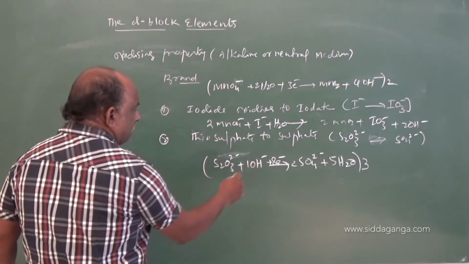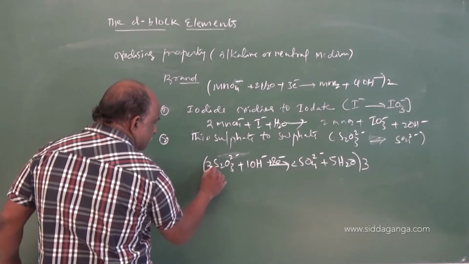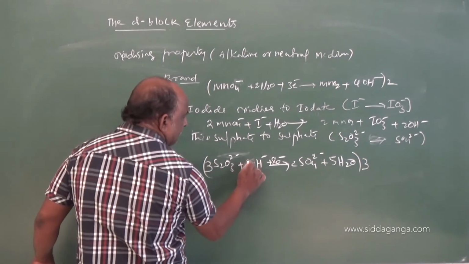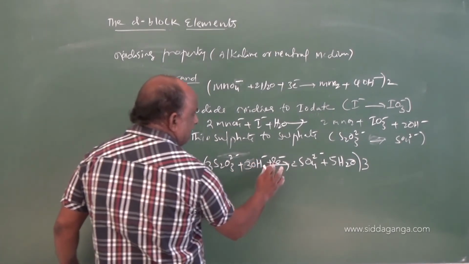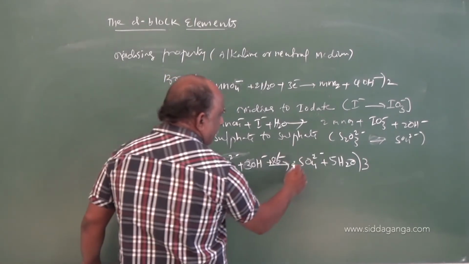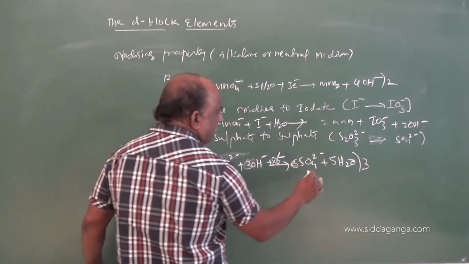You should imagine this is 3 S2O3. 3 tens are 30 and here 3 eights are 24, it will be cancelled. So it is 3 twos are 6 and 3 fives are 15.